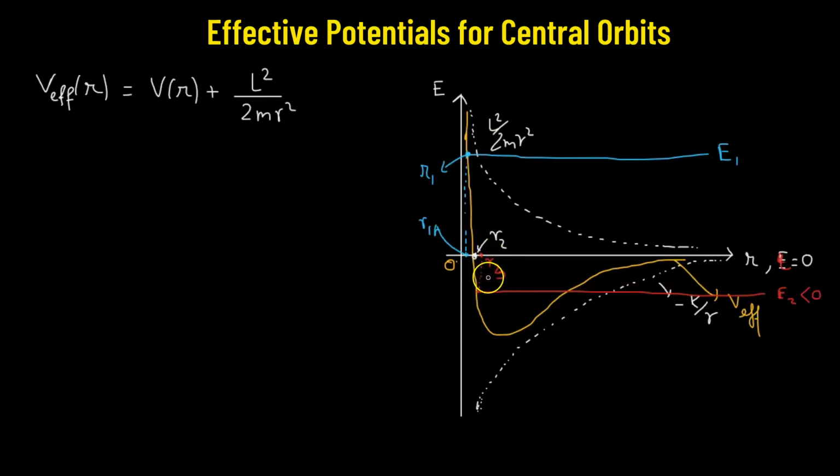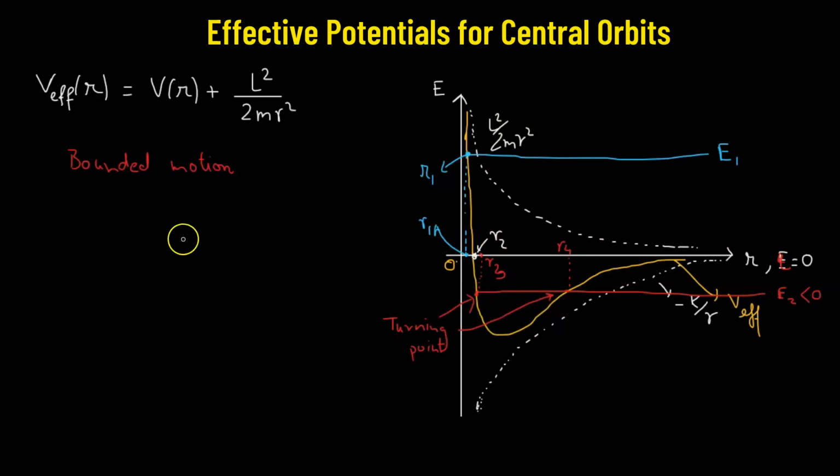Along with this lower bound value, it is also going to have an upper bound, or maximum value, which occurs at this particular point. This is R4. So in that case, what we have is a bounded motion. That means here we have two turning points: one at R equals R3, and the other at R4. The distances R3 and R4 are also known as the apsidal distances.